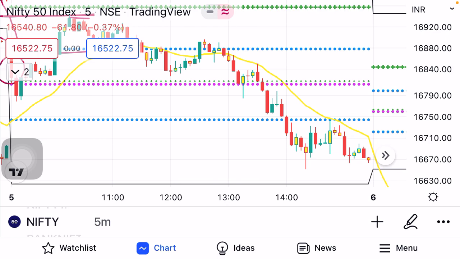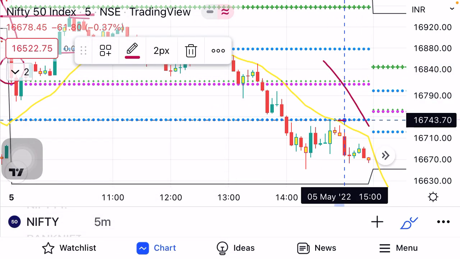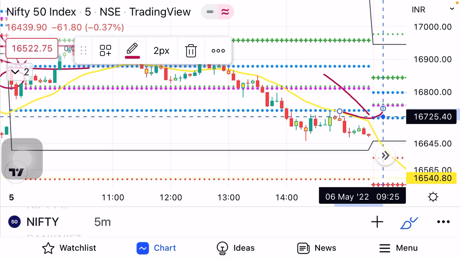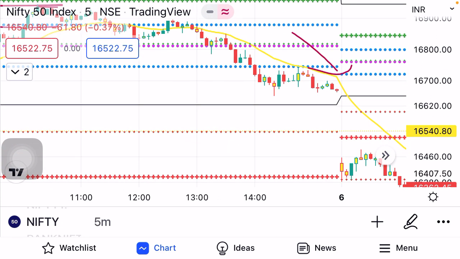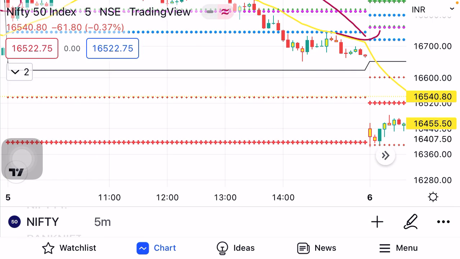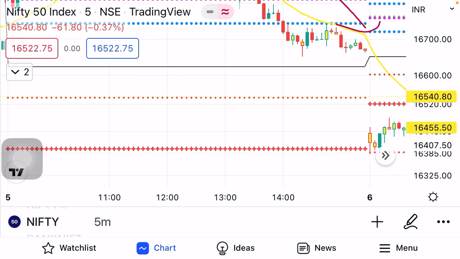So the CPR is in downtrend. See, the CPR is in downtrend and the opening of the candle is a big gap down. So here the CPR is in downtrend, it is gap down and it is below L4. We'll wait for some time for clear price action.